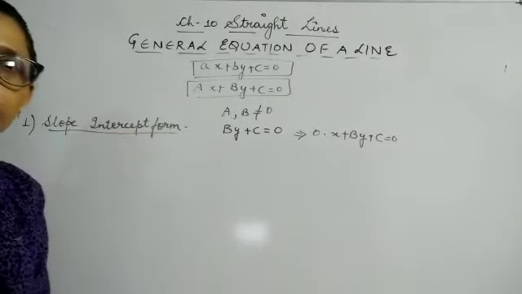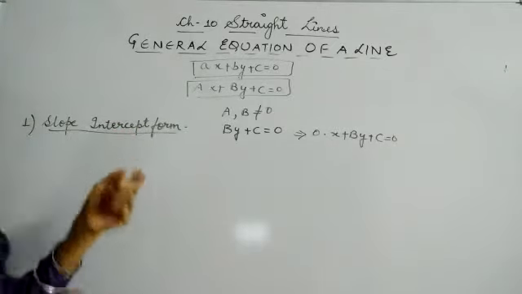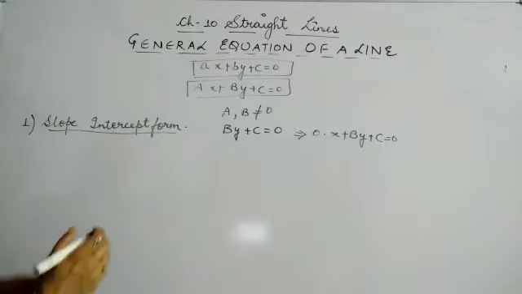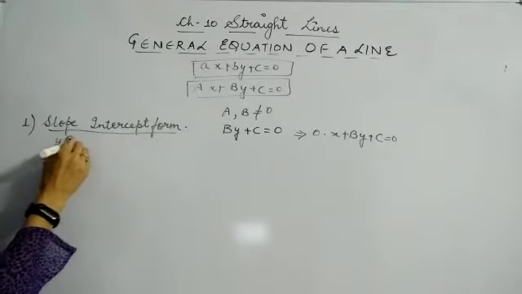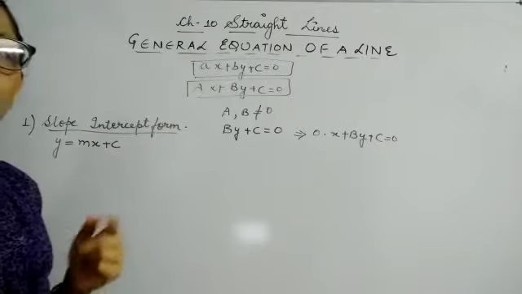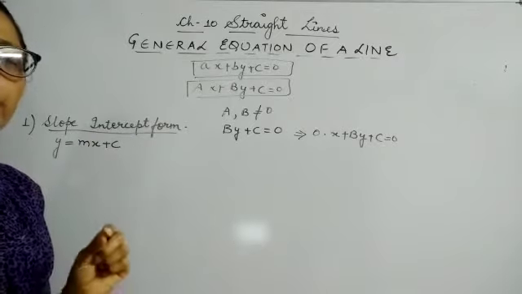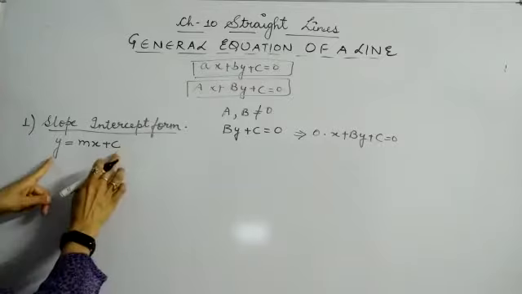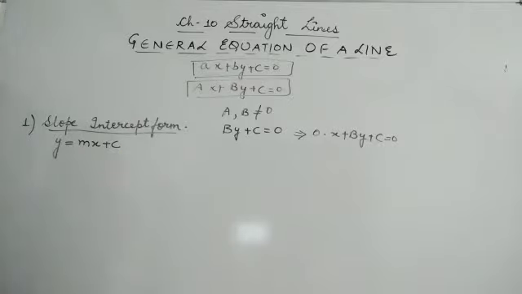Yes, in the previous video you have learnt about slope intercept form, and you have learned that if your line cuts or intersects the y-axis at a point, that means (0, c), then the equation of line can be represented with y equal to mx plus c.